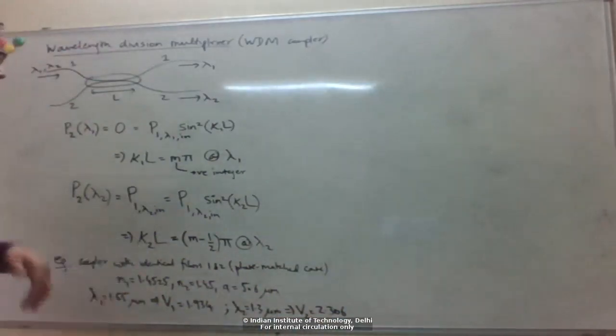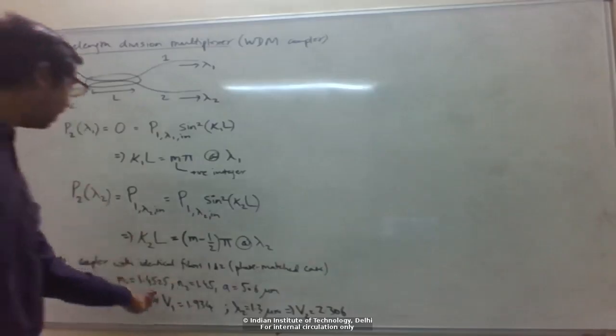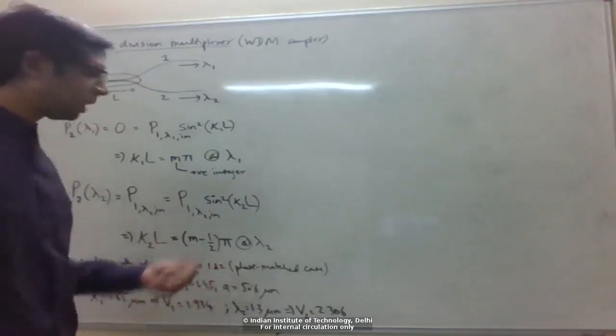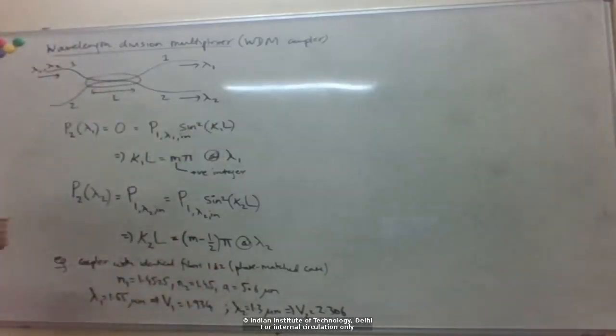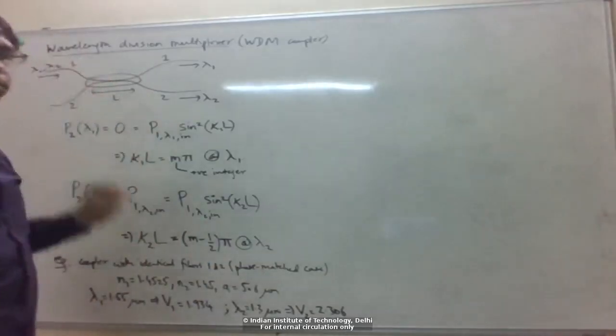Now again, going back to the last class, remember we had empirical formulas for given a V number and fiber parameters like core size, we could find out the coupling coefficient as a function of the separation between the cores.